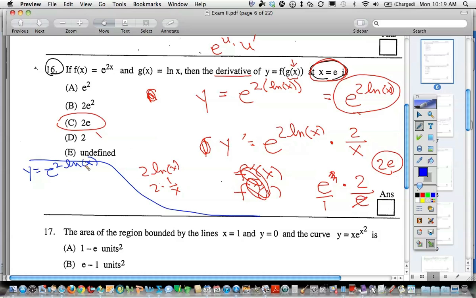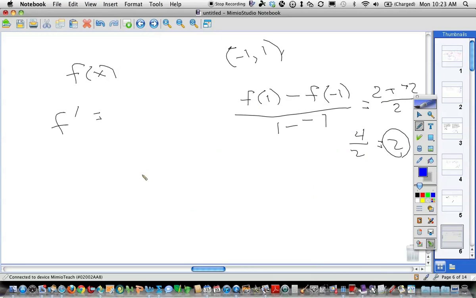When you've got a number in front of a log, let me write the actual rule.